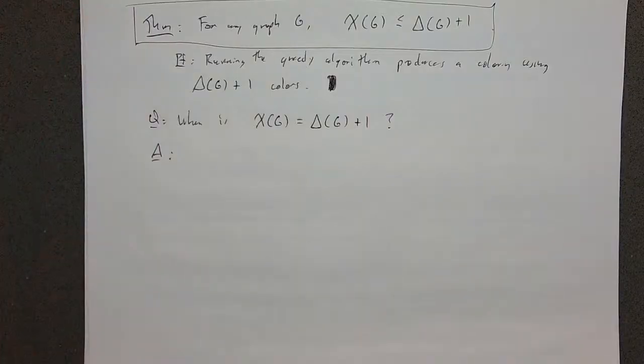Well, we saw an example of when using the greedy algorithm actually produced the fewest colors. In the example we did of the cycle on 5 vertices, it naturally produced the fewest possible colors, so the chromatic number is actually equal to the maximum degree of G plus 1.